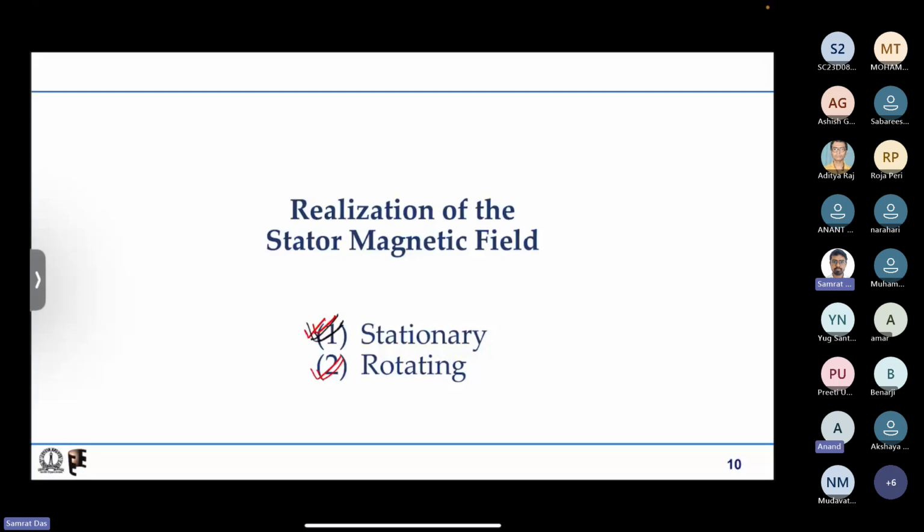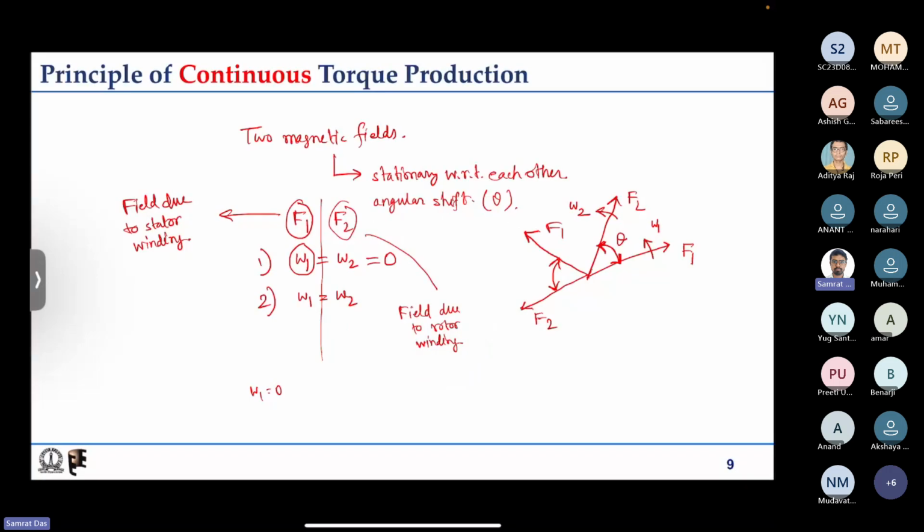So first we are looking at whether we can have a stationary stator magnetic field. We saw that yes, we can, if we excite it with DC current. Next, we are trying to see whether we can have a rotating magnetic field by exciting some kind of current in the stator windings, and the answer is yes, we can.